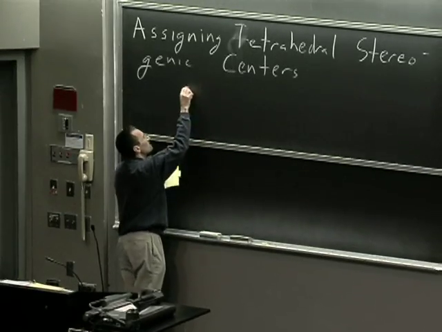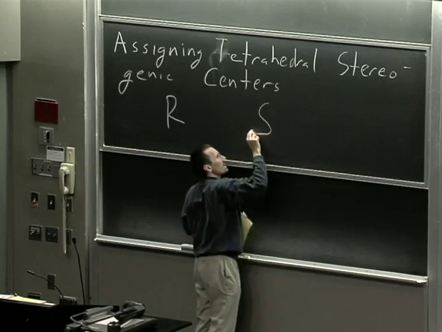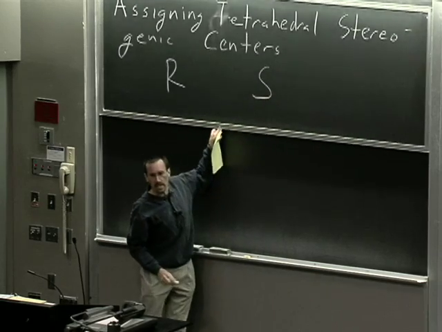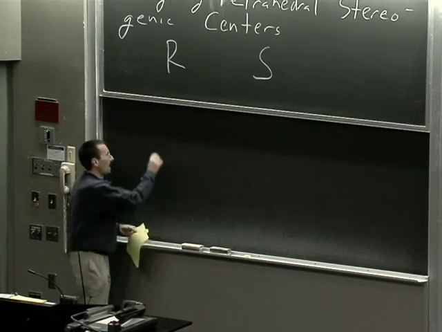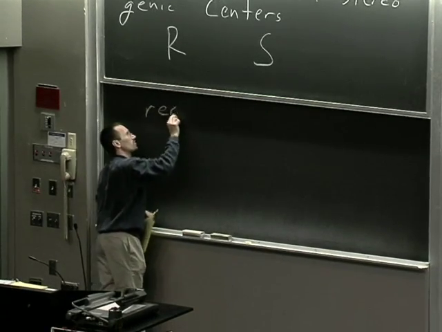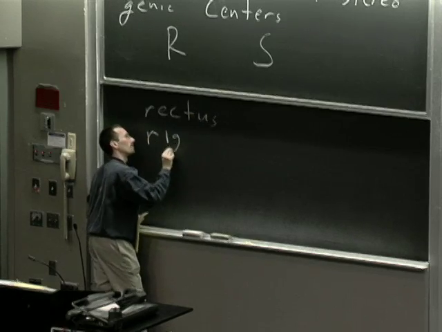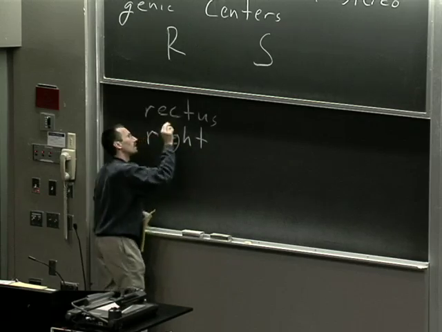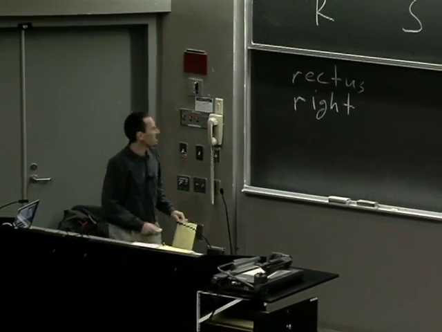Nomenclature consists of R and S to designate the stereochemistry. You can think of R, its Latin term is rectus, which means right. And we're going to learn that that also means clockwise.